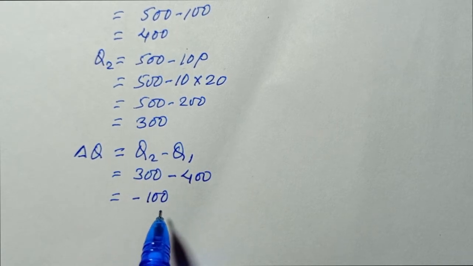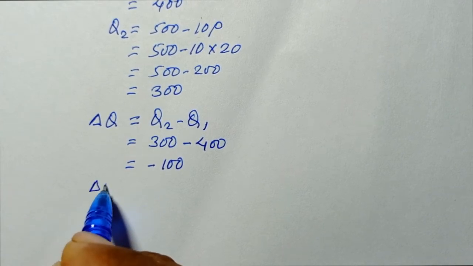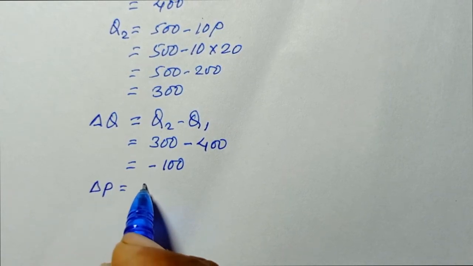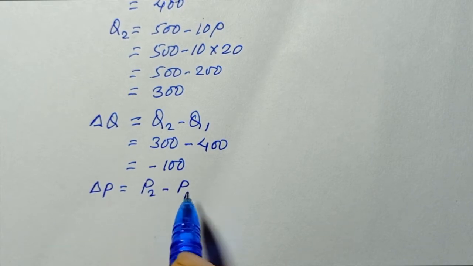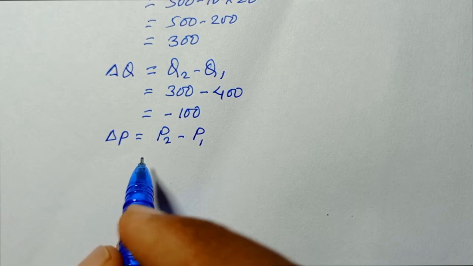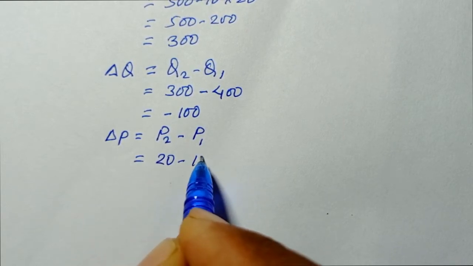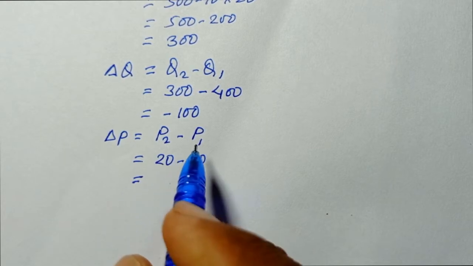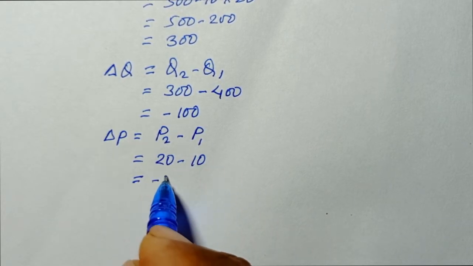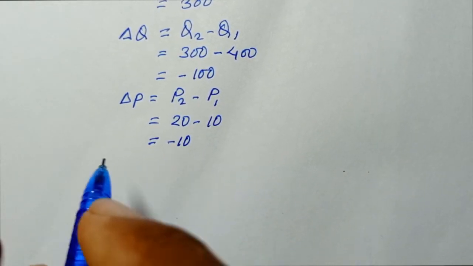This one is the change in quantity. And change in price is equal to new price minus initial price. And here new price is 20, initial price is 10, and then 10 is the change in price.